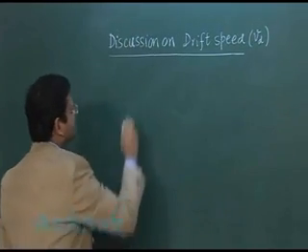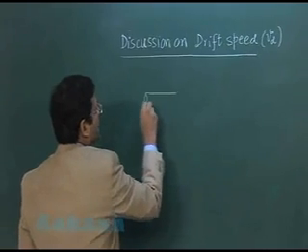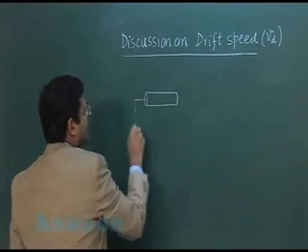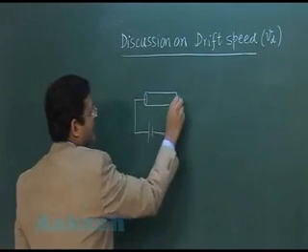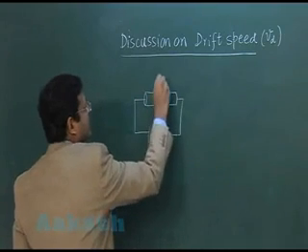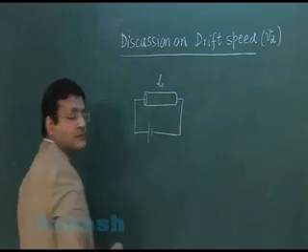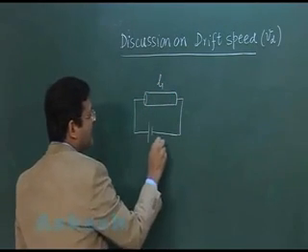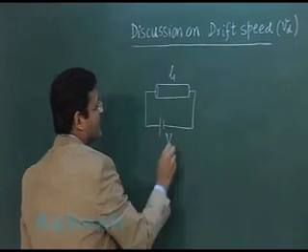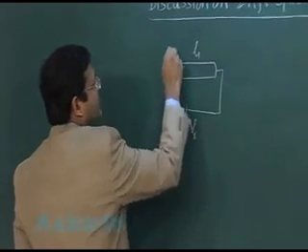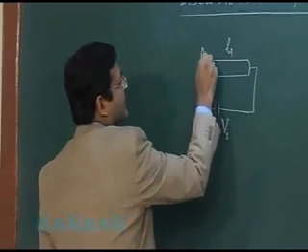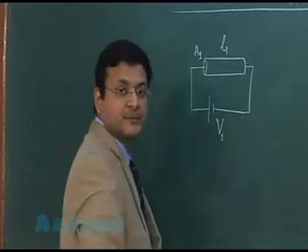Imagine a situation in which a conductor is given, the length of the conductor is L1, the voltage which you have applied here is V1, and the cross-sectional area of the conductor you have here is A1.